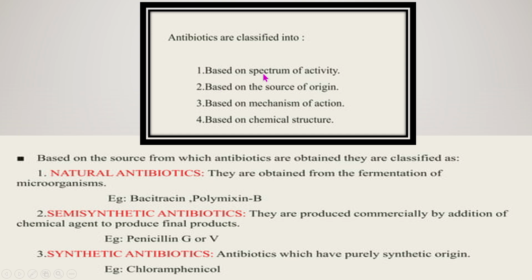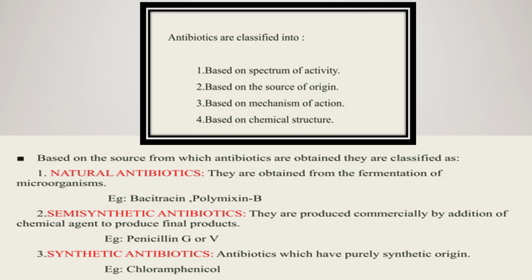The first type of classification, based upon the spectrum of activity, depends on whether the antibiotic acts selectively towards only one category of microorganisms or bacteria. Those antibiotics are categorized as narrow spectrum antibiotics.